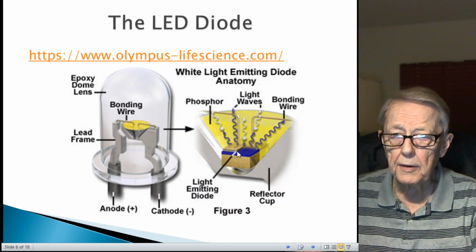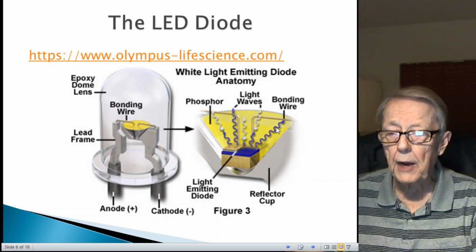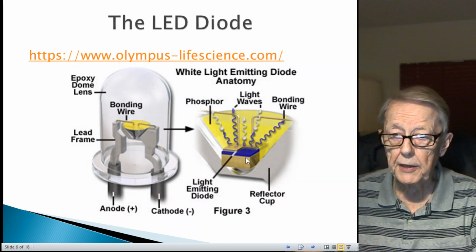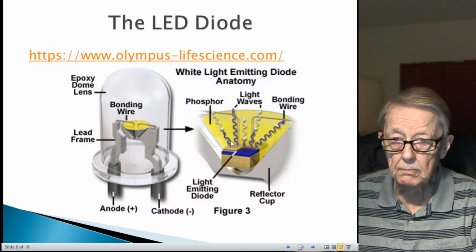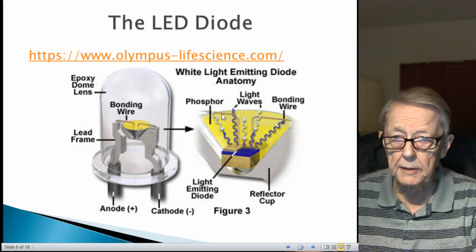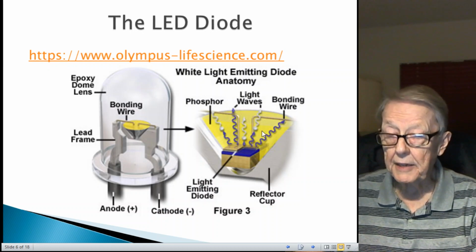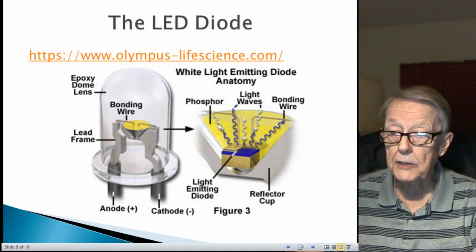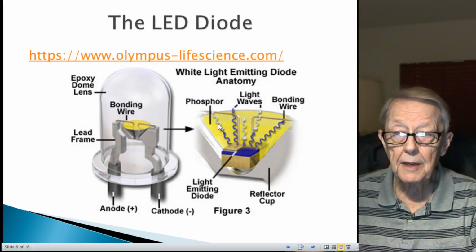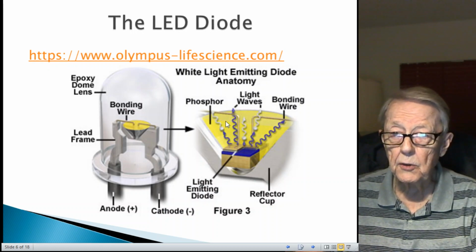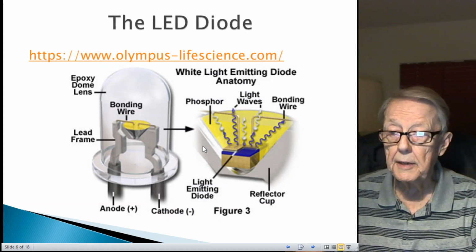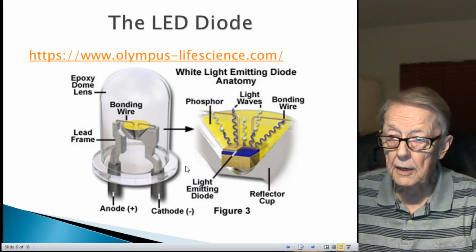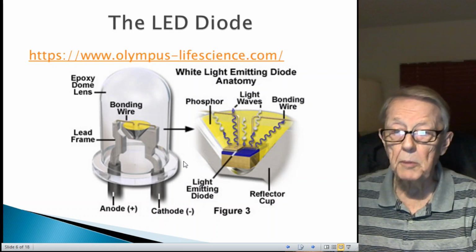Number one, the light is shown going out in all directions, but still they use a reflector cup such that some of the light may hit the side and bounce out differently. The intent is that the LED is visible from all directions. That's different than a laser. This is not a laser LED. This is just a normal indicator type LED that we see on circuits and electronic equipment all the time.